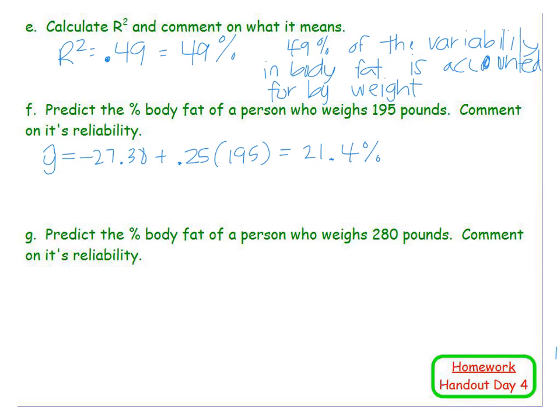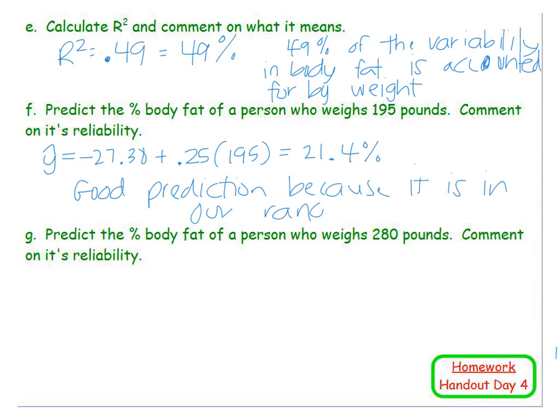And is that reliable? In other words, was 195 within our range of data? Our range went from 146 to 246. So it is a good prediction because it is in our range.